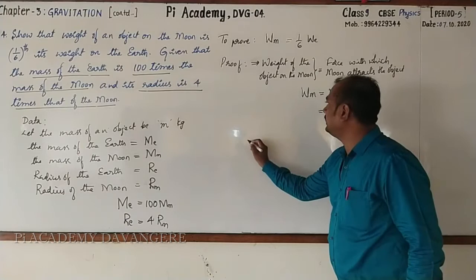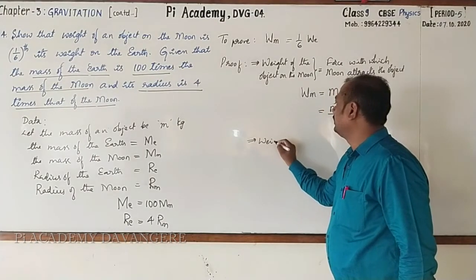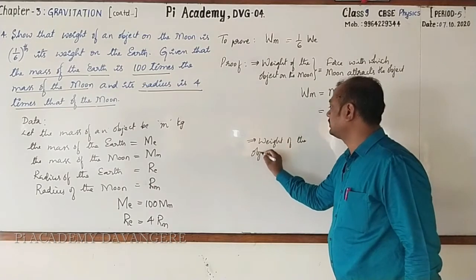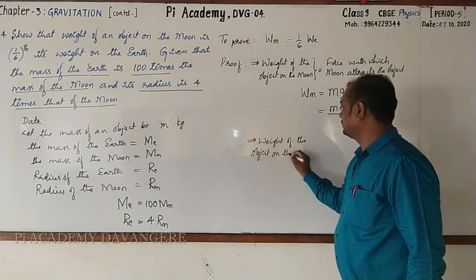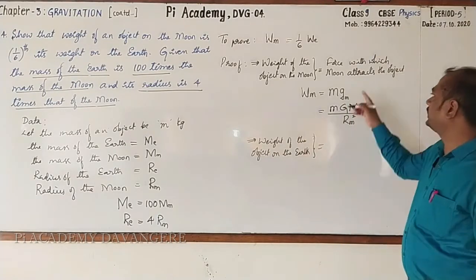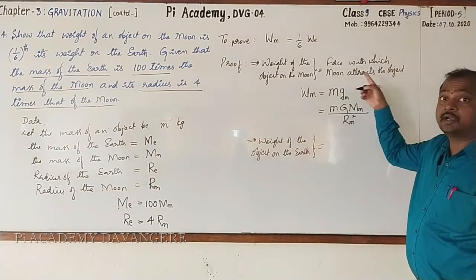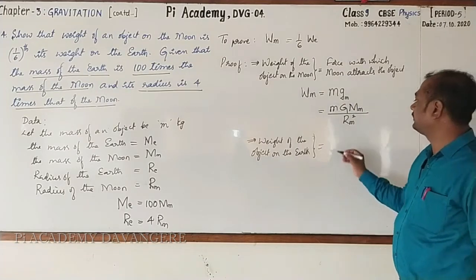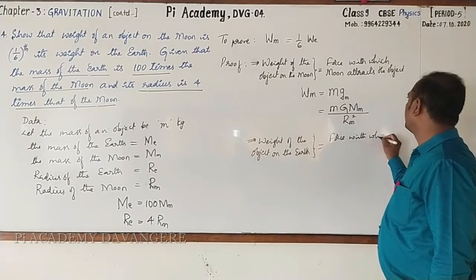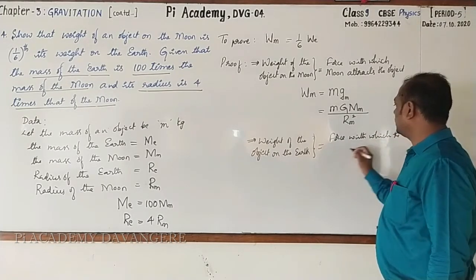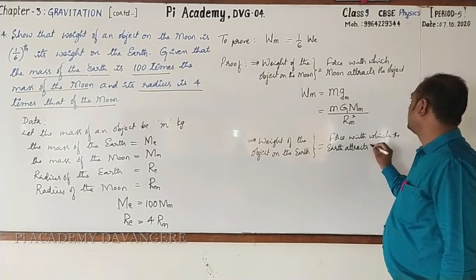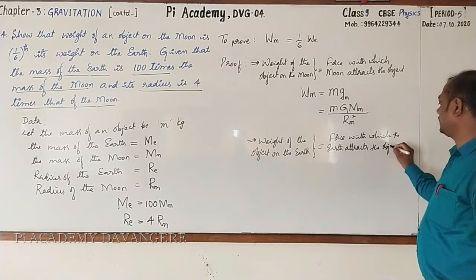Next, similarly, I take weight of the object on the earth. How do you write this? It is the force with which the earth attracts the object towards its center.